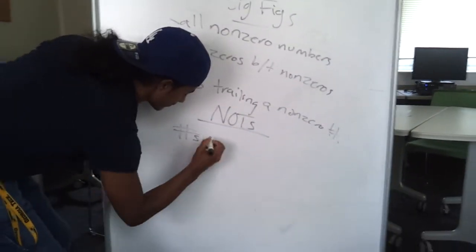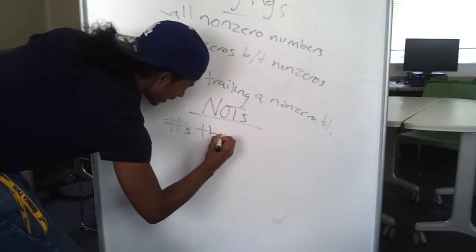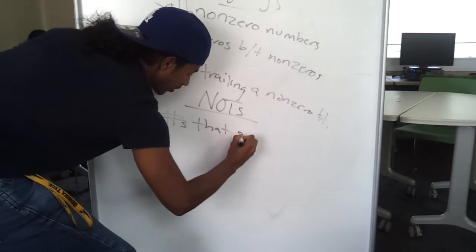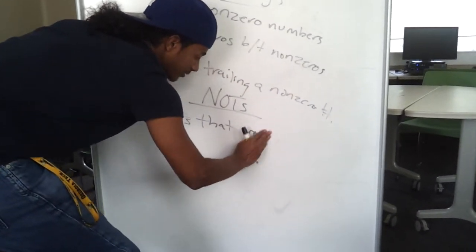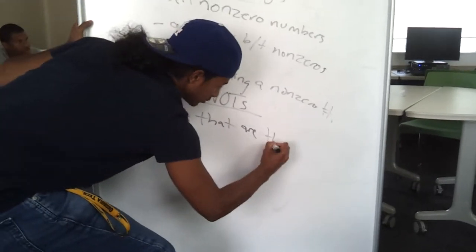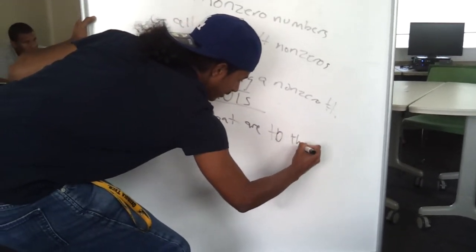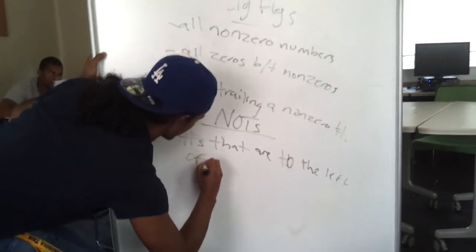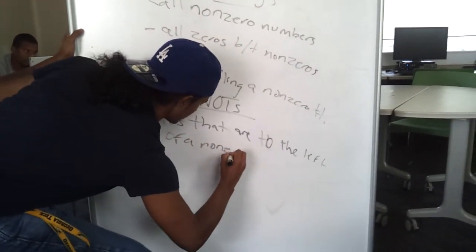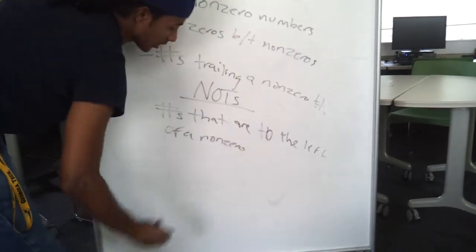Zeros that are to the left of the non-zero numbers are not significant.